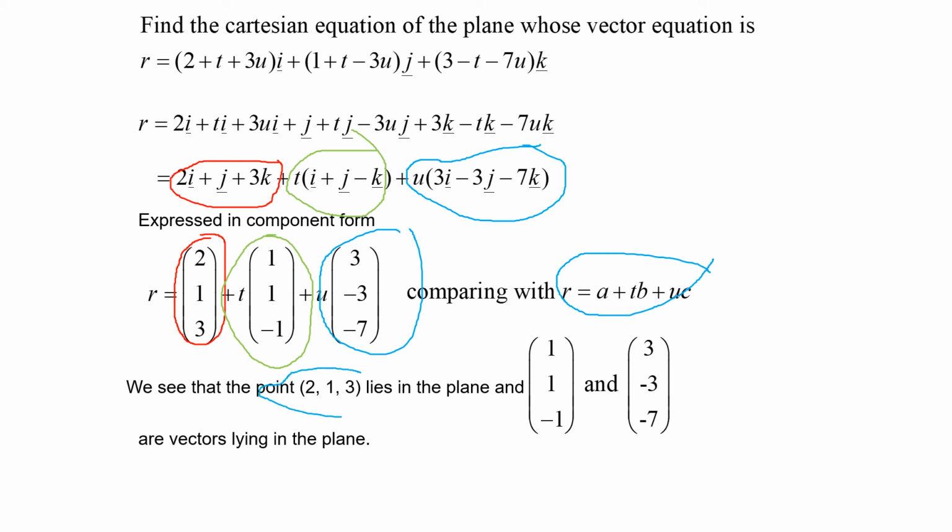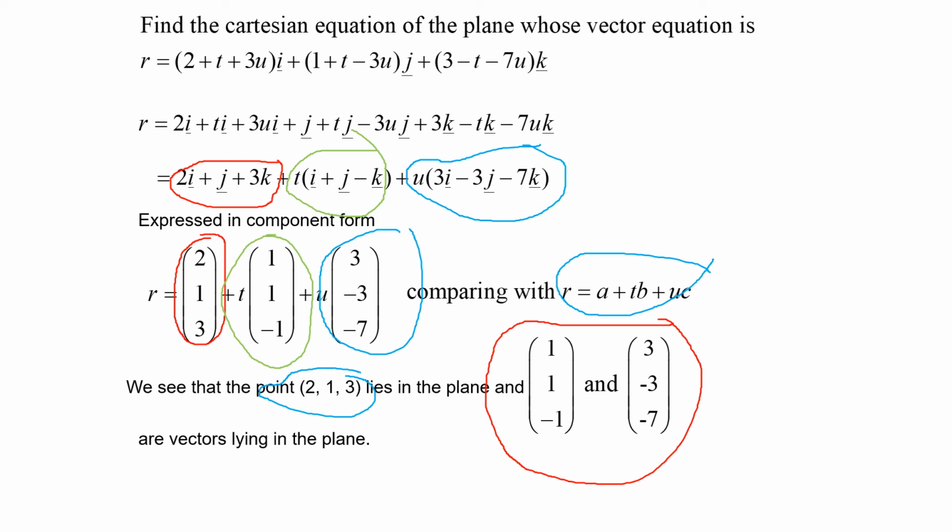It's a point. And it involves two vectors which are 1, 1, negative 1 and 3, negative 3, negative 7. These are the two vectors which are lying on that particular plane. So we are very sure these two vectors lie on the plane, and point 2, 1, 3 actually is a point that lies on the plane.